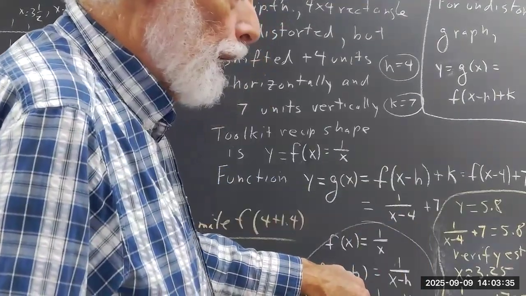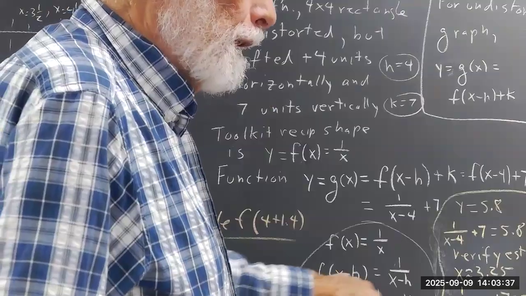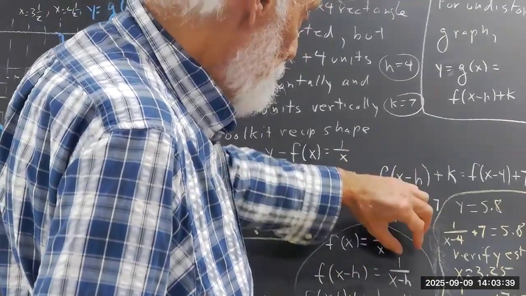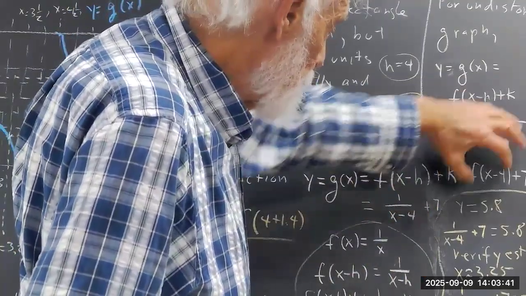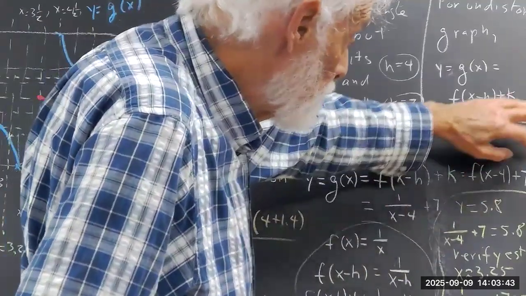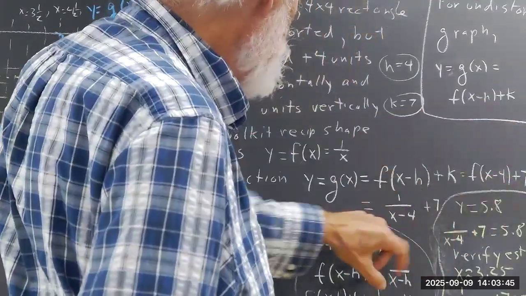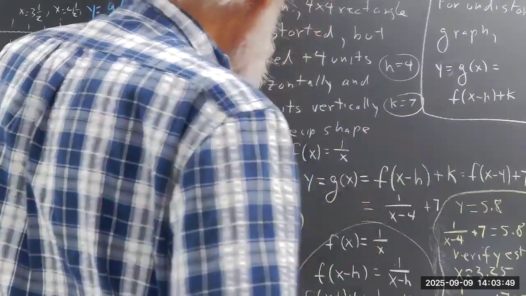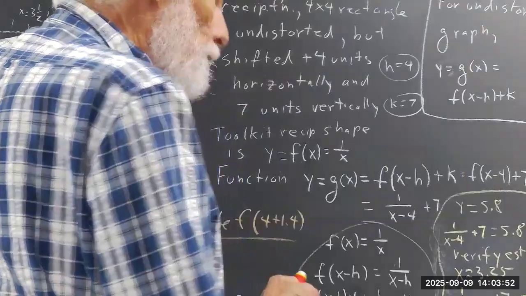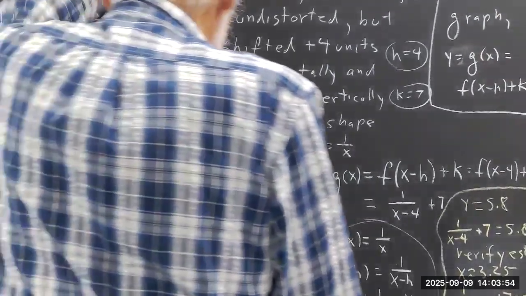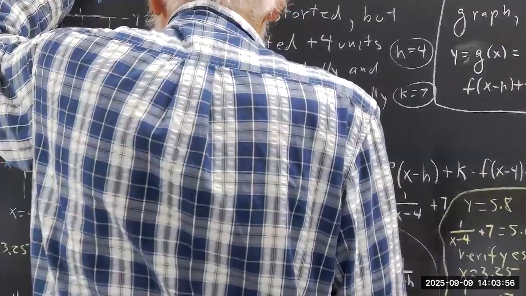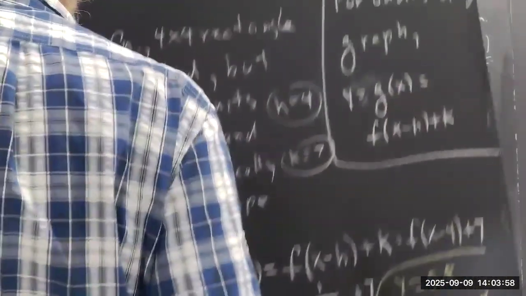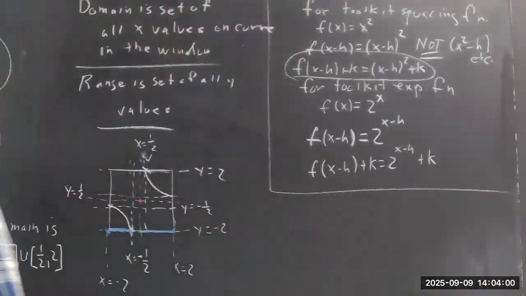You don't put a plus k in the denominator. You don't put a k in front of x. You put plus k because it's this here plus k, in this case plus 7, okay? But here's the form. Now, doing that for the x squared function and the exponential function, what do we get?